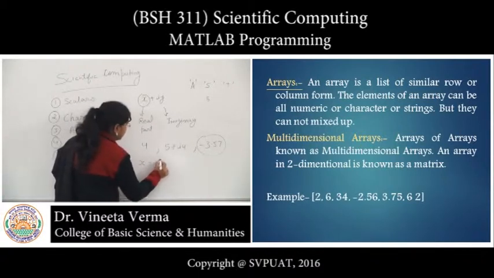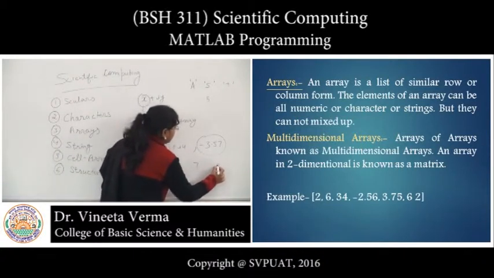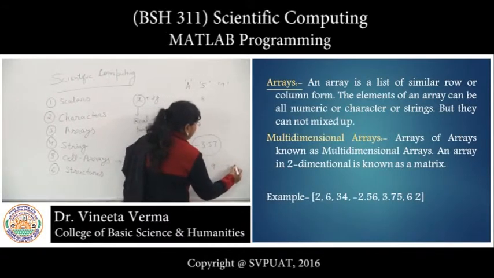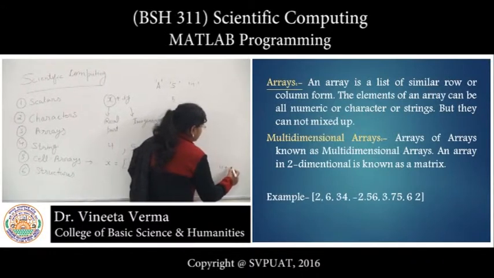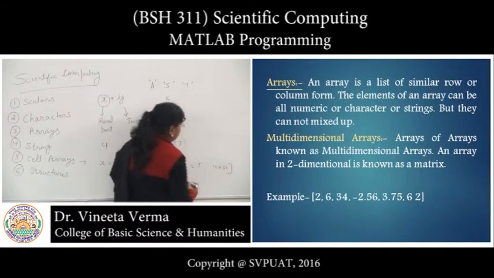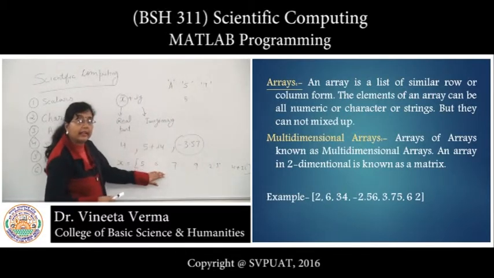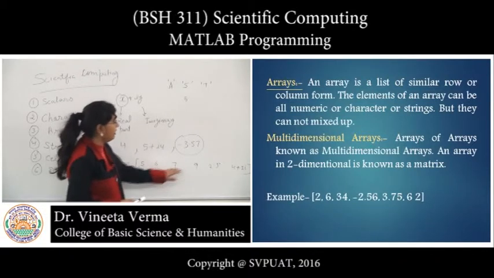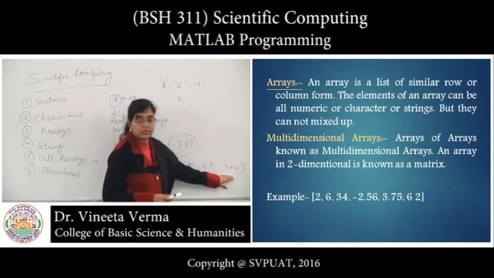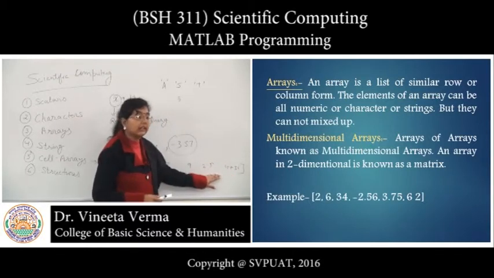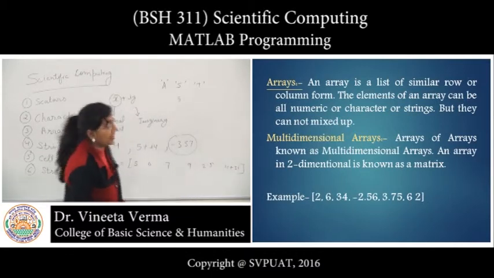Suppose x is equal to 5, 6, 7, 9, 2.5 or 4 plus 3i, all that. We can take only numeric data, but in numeric data we can take decimal points also and complex numbers also. This is not a restriction. These all are scalars.